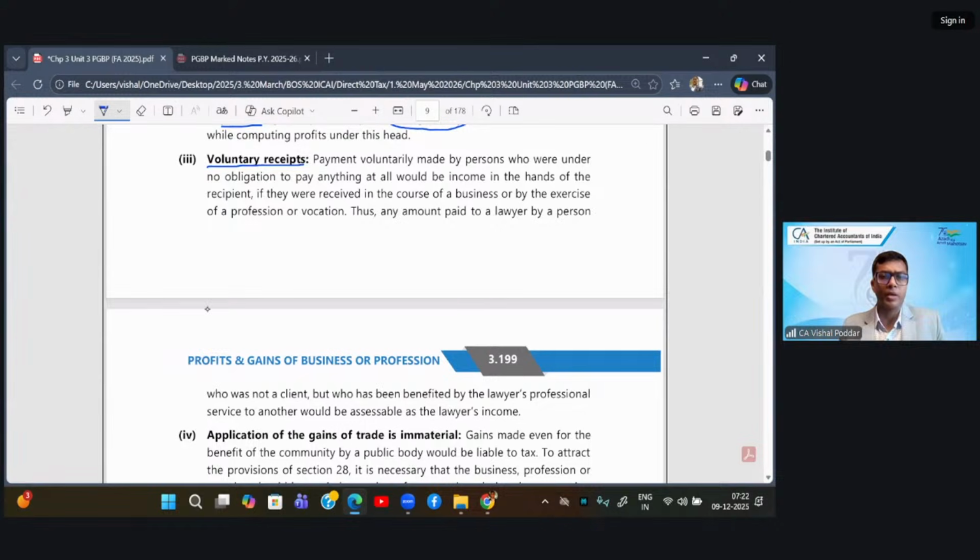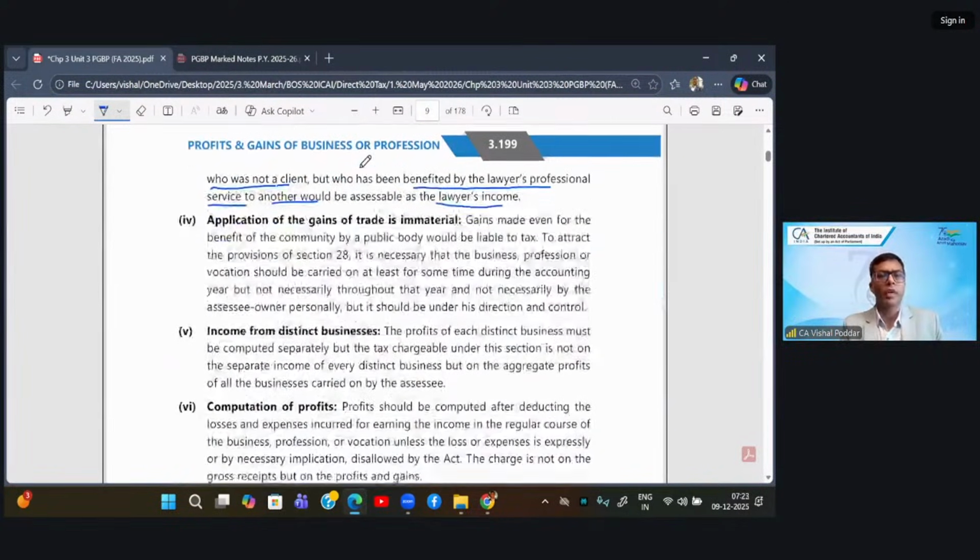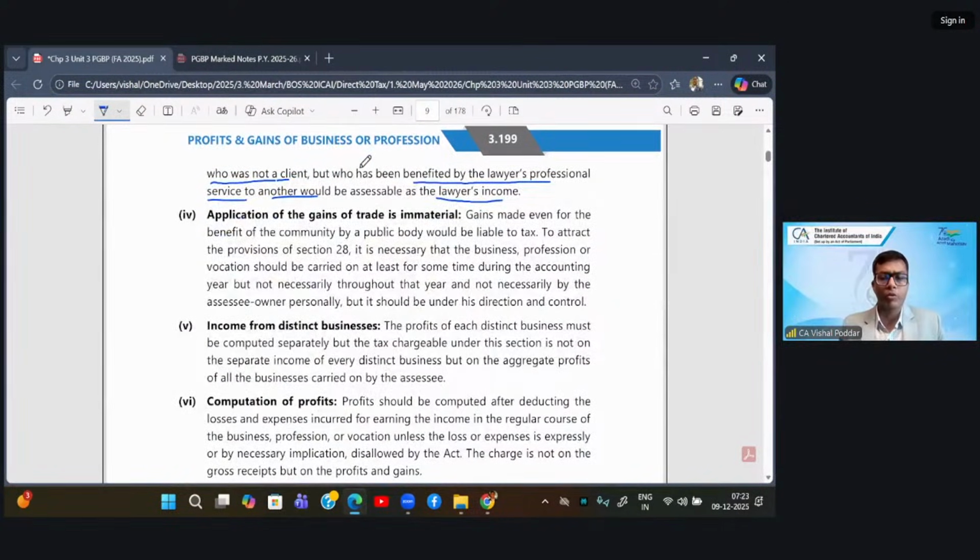For this, an example: an amount paid to a lawyer by a person who was not a client, but who has been benefited by the lawyer's professional service to another, would still be considered your income. So these are indirect business receipts where you are getting something in addition to your business contracts, but if it has the character of business, it will still be taxed here.